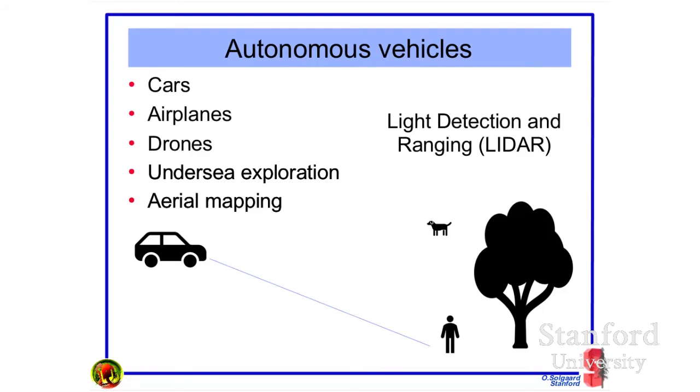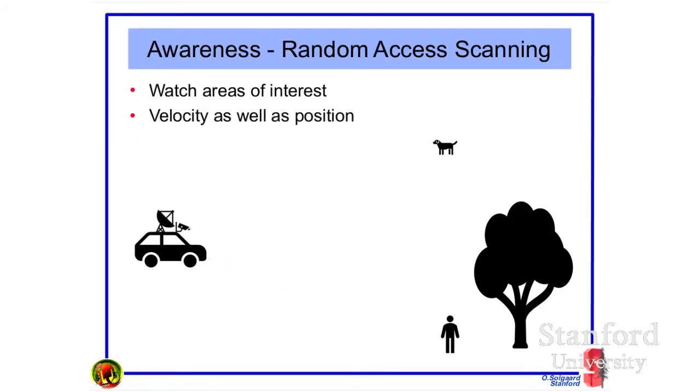That's not what our eyes do when we are driving. We do something quite different. We are aware of the environment. We don't photograph it with a certain frame rate. We watch areas of interest. And we also are very good at picking up on motion, and that's what we need to do in future self-driving cars.